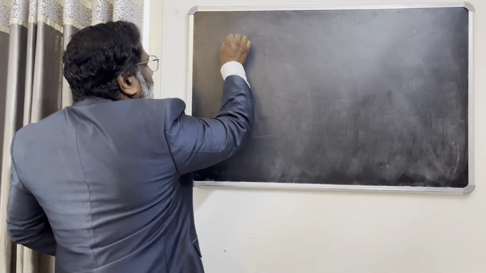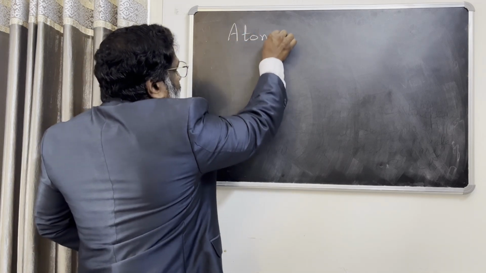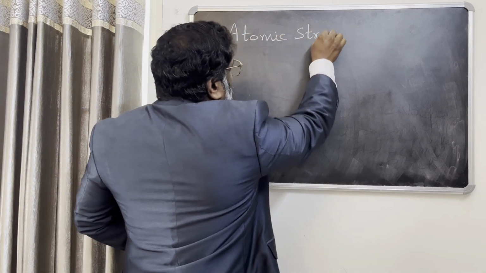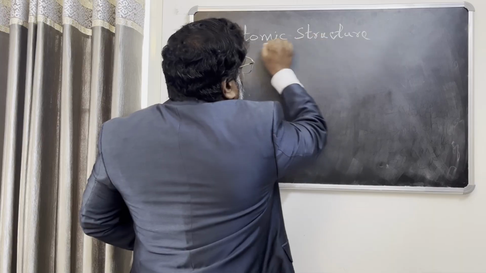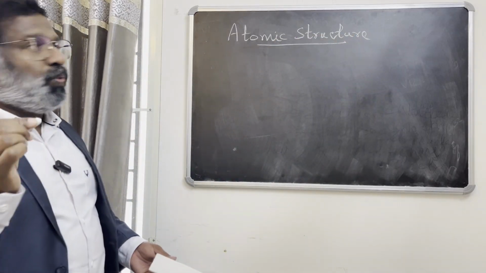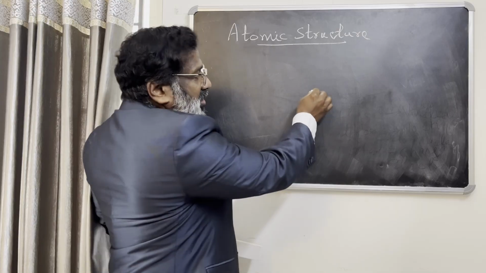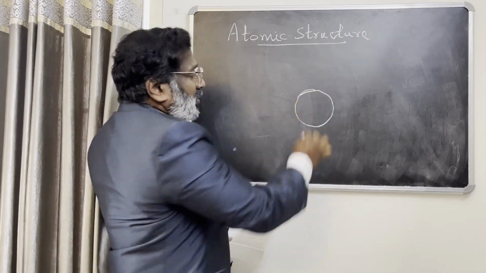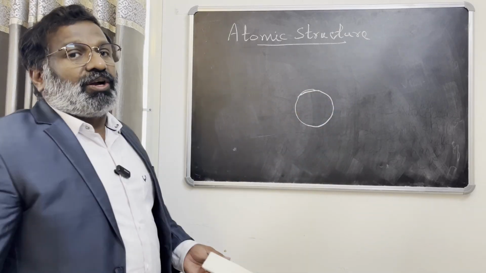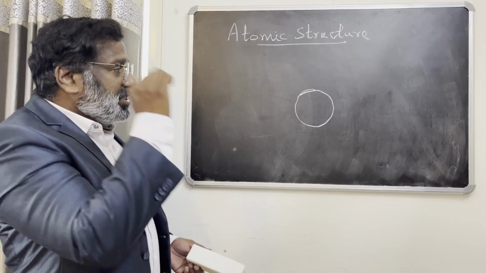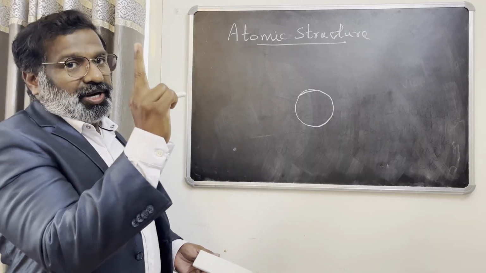Now let us see the atomic structure. We will discuss based on Bohr's atomic model. In an atom, as we discussed, the inner core region is called nucleus. Inside the nucleus, we have two particles.